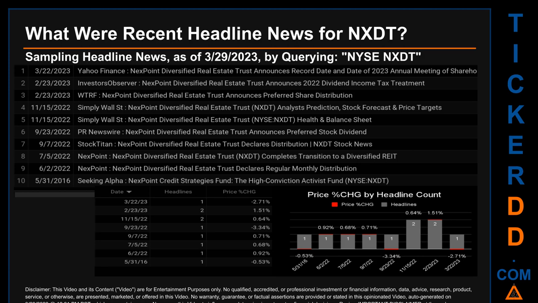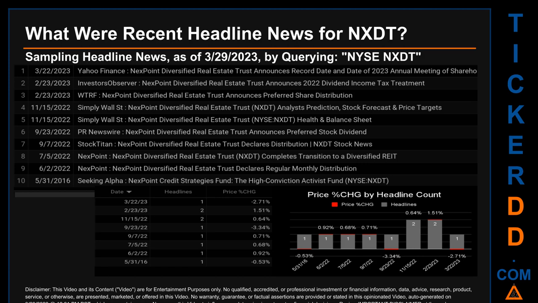Then, for the second day with the most discovered headlines, on Tuesday, November 15, 2022, first, Simply Wall Street published the headline that read, NextPoint Diversified Real Estate Trust, NXDT, Analysts' Prediction, Stock Forecast and Price Targets. Second, Simply Wall Street published the headline that read, NextPoint Diversified Real Estate Trust Health and Balance Sheet.